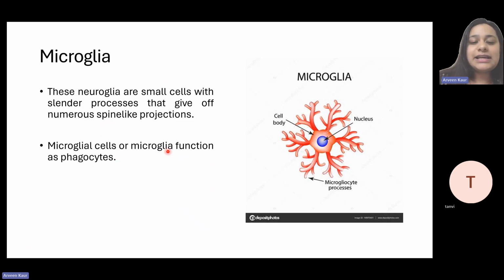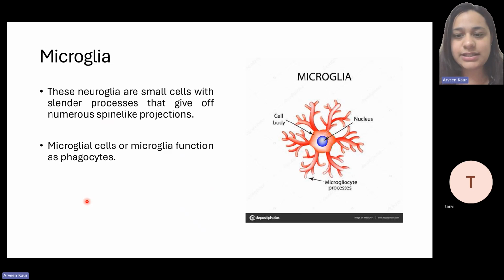These microglial cells basically function as phagocytes. So these are the resident macrophages in the brain, right? As I was saying, Kupffer cells are resident macrophages in the liver. Similarly, Hofbauer cells are resident macrophages in the placenta.